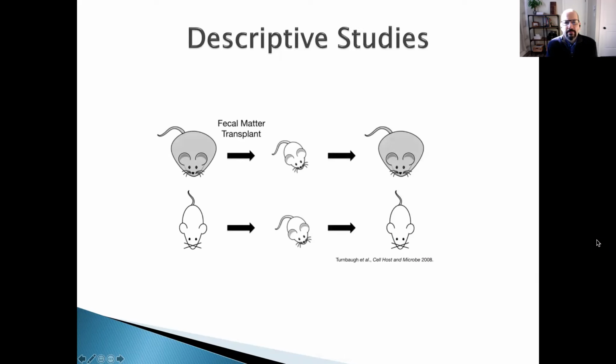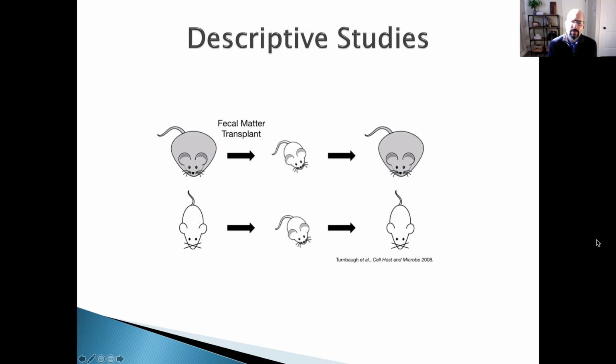And finally, the descriptive nature of those analyses. Like I said, for example, if you are comparing the microbiota of obese people with lean or non-obese people, and you find a difference, that was the first guess.